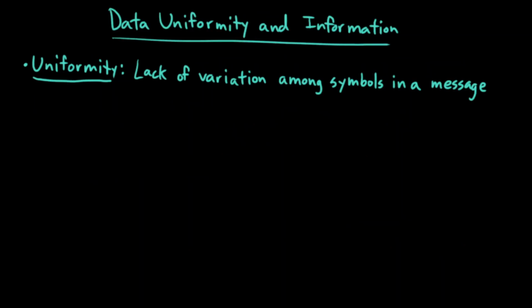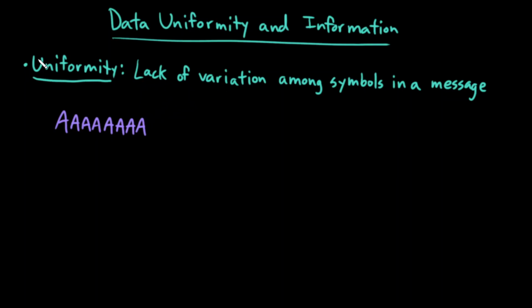There's an important relationship between the uniformity of data and the information contained within that data. First, let's define uniformity. Uniformity is the lack of variation of symbols in a given message. For example, let's say that I have the sequence AAAAAAAA. This sequence is not very variable.